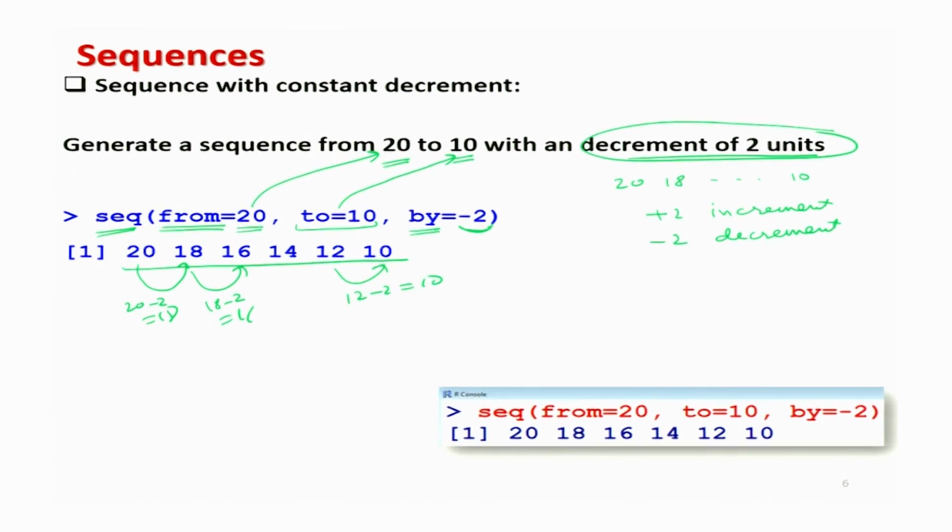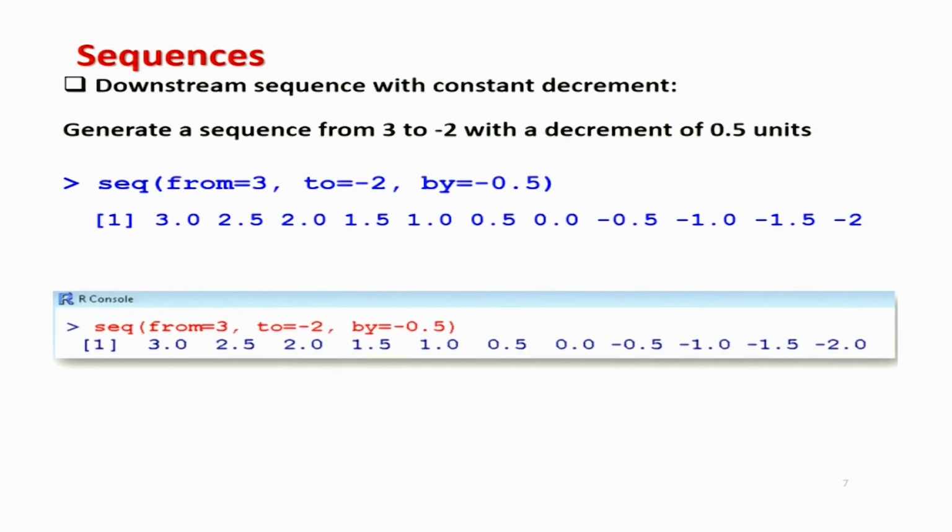So, once again you can see it is not a very difficult operation, and now I give you one more option where I want to show you that this decrement is not only an integer value, but that can be a fractional value also, as well as a positive or negative value.